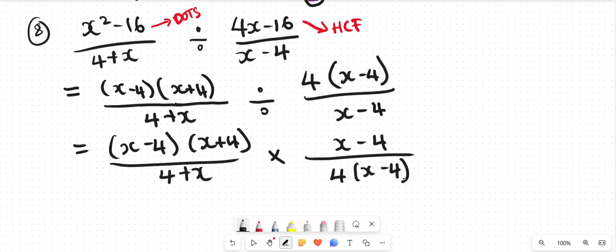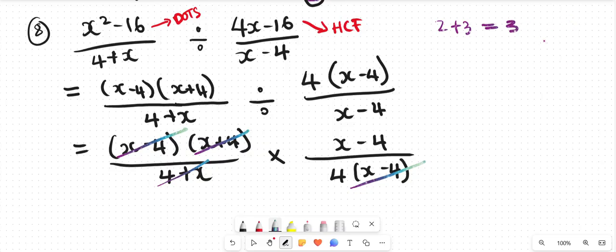And there we go. And at this point, you can start cancelling brackets that are the same. X minus 4, x minus 4. This 4 plus x is the same as this x plus 4. It's the same thing. It's like having a 2 plus a 3 is the same thing as a 3 plus a 2. They both give you 5.